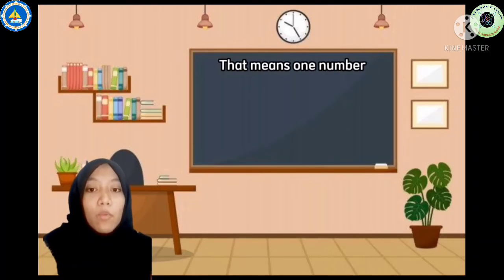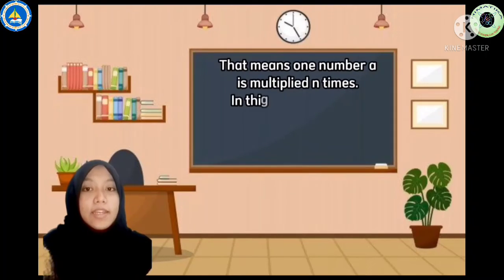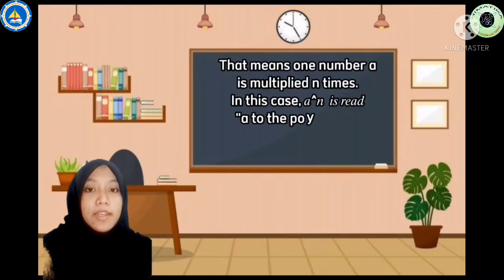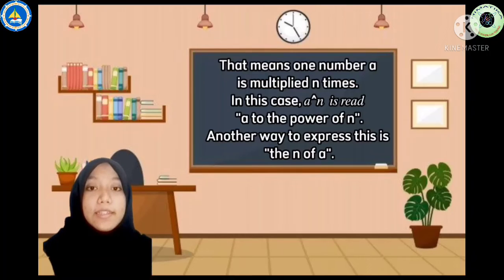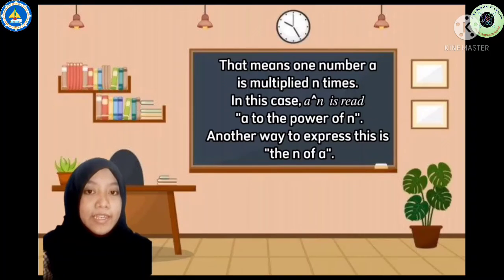That means one number a is multiplied n times. In this case, a to the power of n is read a to the power of n. Another way to express this is the nth power of a.